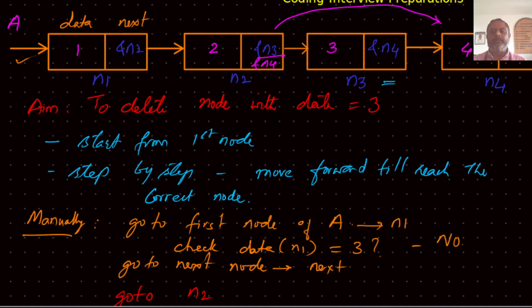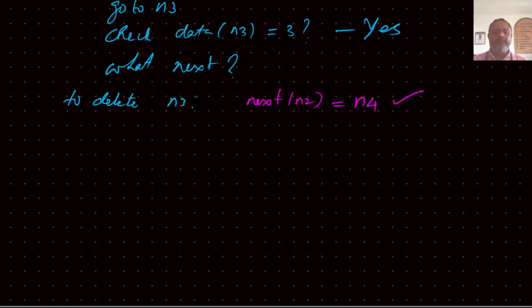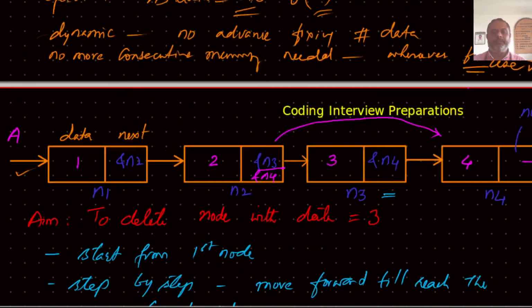It directly goes to N4. So in future, this will never come into the picture because after N2 it is directly linked to N4. That's as simple as that. Just this one line will solve the problem. Done.